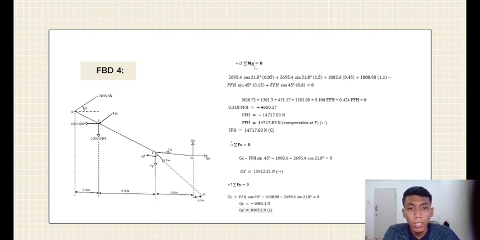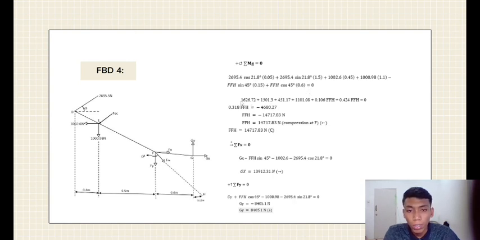The moment of G, considering counterclockwise as positive, equal to 0. 2695.4 cos 21.8 degree times 0.05 plus 2695.4 sine 21.8 degree times 1.5 plus 1002.6 times 0.445 plus 1000.98 times 1.1 minus FFH sine 45 degree times 0.15 plus FFH cos 45 degree times 0.6 equal to 0.